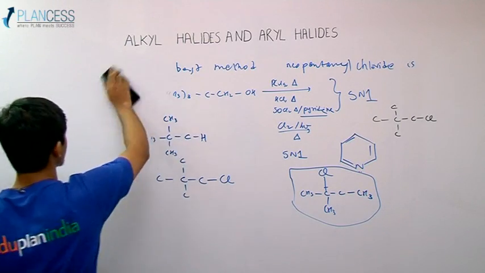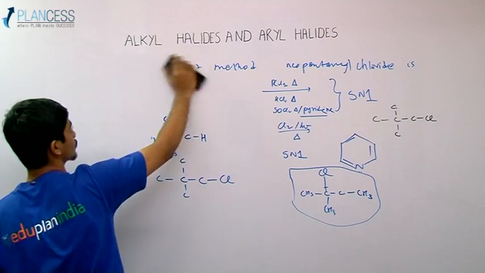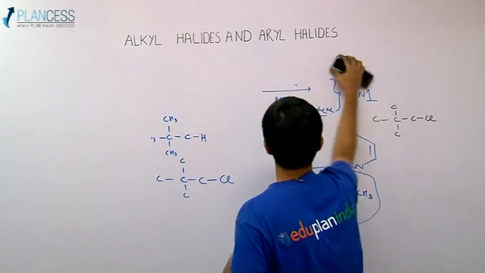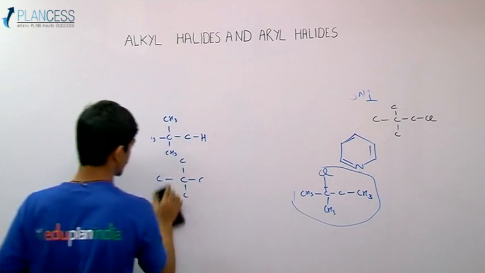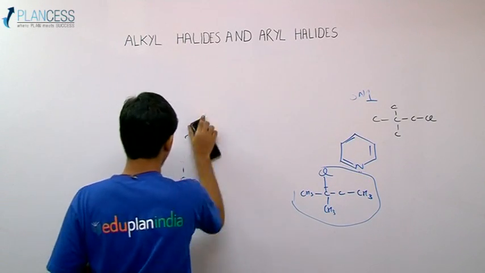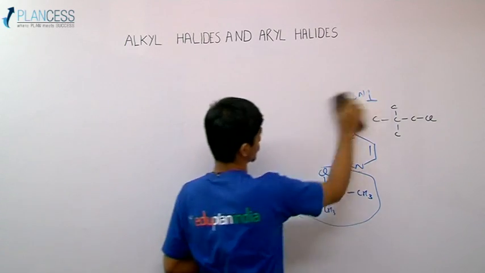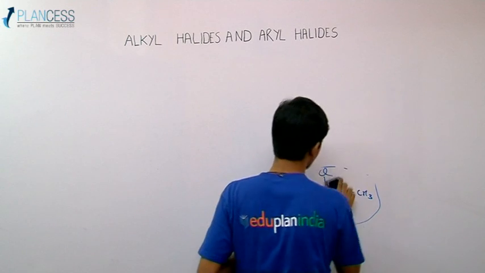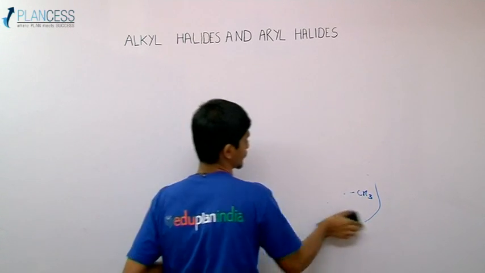Now let us move on to the next question. So the best method for the preparation of neopentyl chloride is to take neopentane and do chlorination in presence of light. Fine. Now the next question is a subjective one, and you have to answer it quickly. I will give you a reactant and I will ask you what are the possible products.